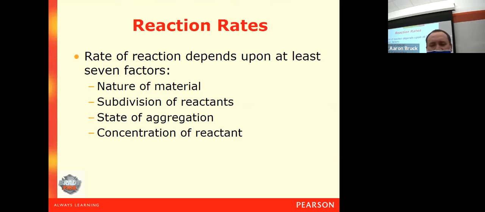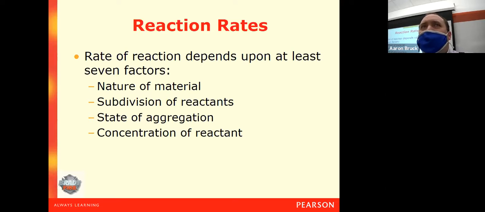One of the really interesting paradoxes in chemistry is that just because a reaction can happen doesn't mean that it'll happen fast. In general chemistry, we call that the difference between thermodynamics, that is, will a reaction run, and kinetics, which is, will a reaction run fast?